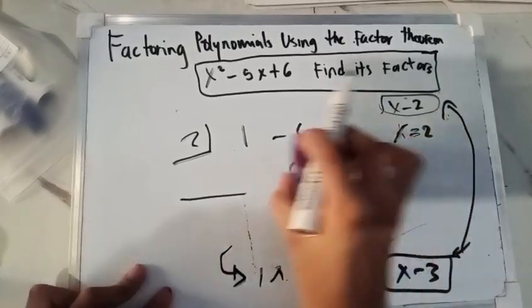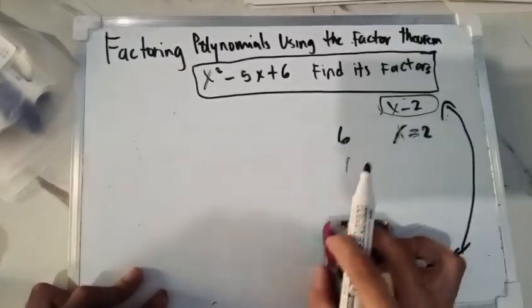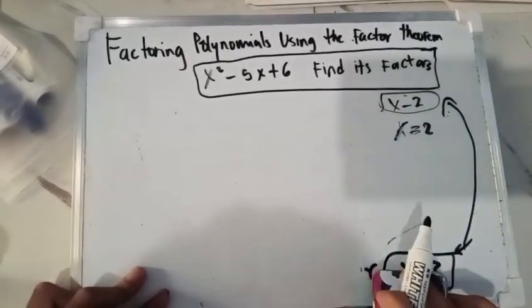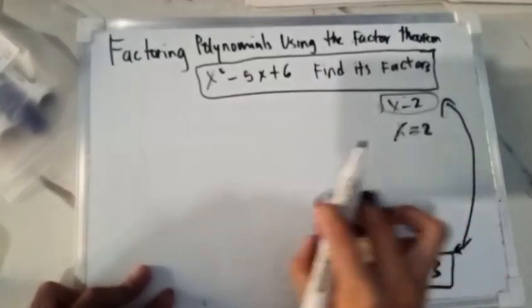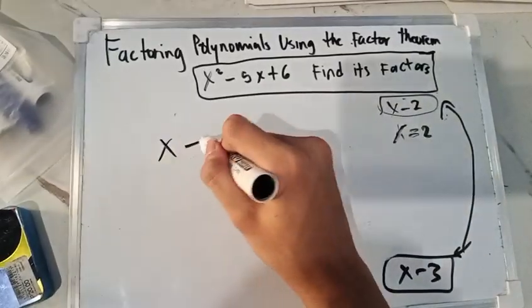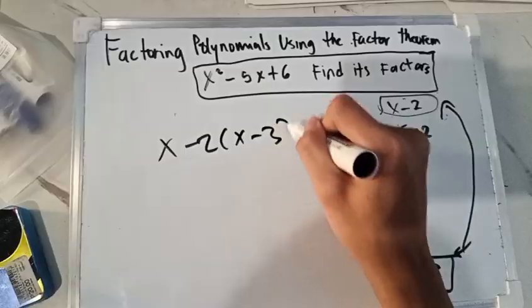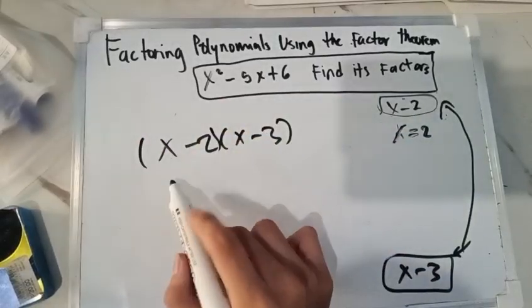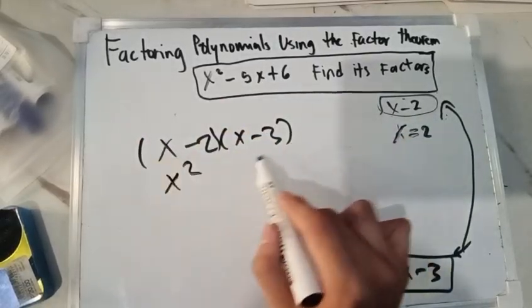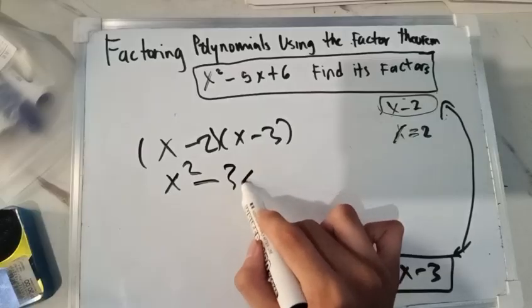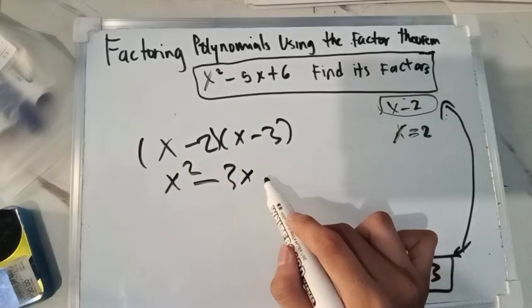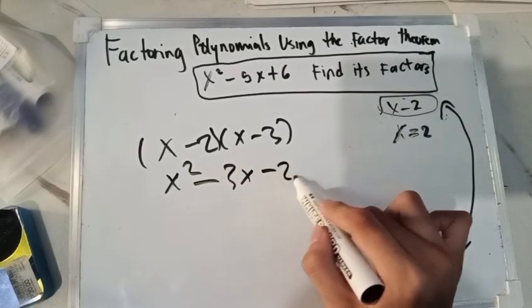Then to check if our answer is correct, we can just multiply it. So x minus 2 times x minus 3. x times x is x squared. x times negative 3 is negative 3x. Negative 2 times x is negative 2x.